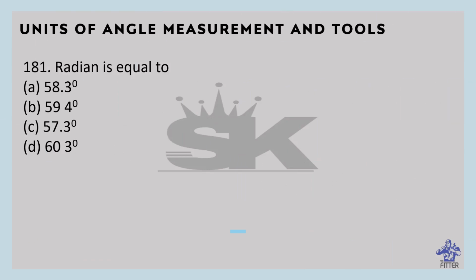Radian equals, that is 2 pi radian equals 360 degrees. So 1 radian equals 360 by 2 pi, or 180 degrees by pi.